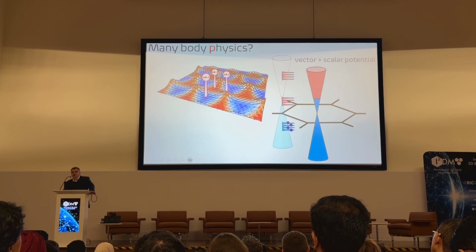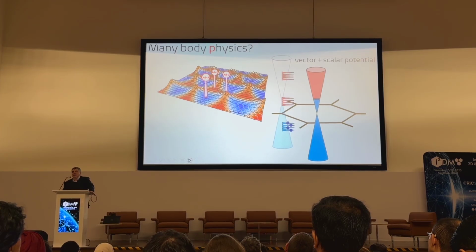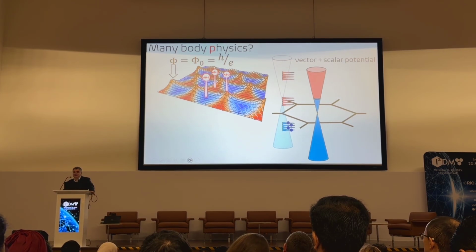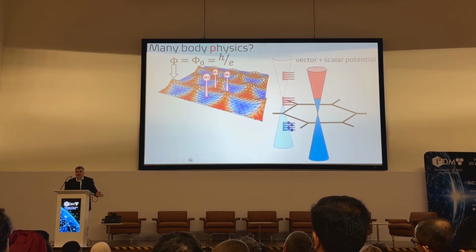But you can take a different approach as well. You can think, okay, how many electrons can I transfer? And there is a very simple formula. There is a global flux for your sample, and you divide this flux by the flux quantum. That's how many electrons you can get from this.